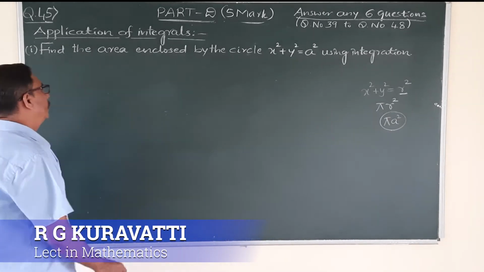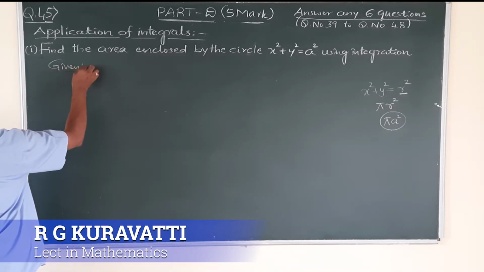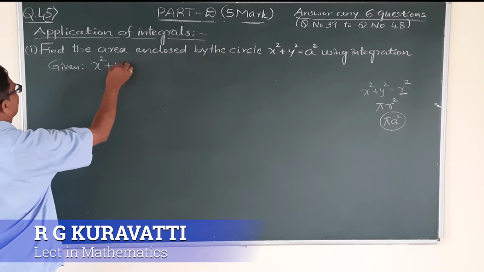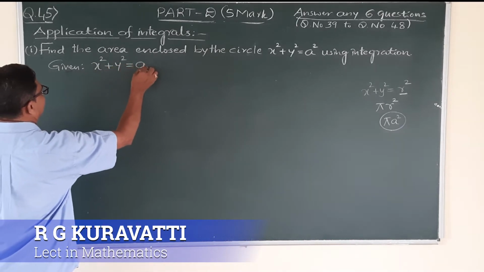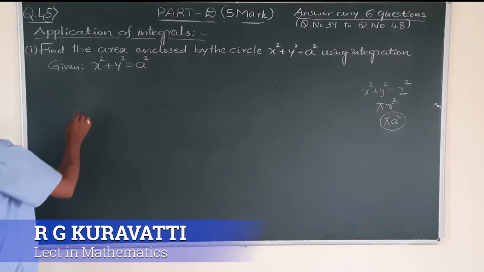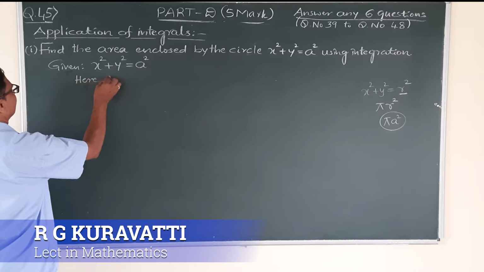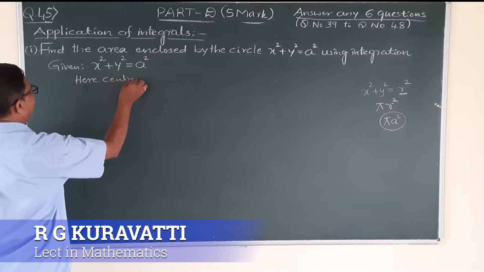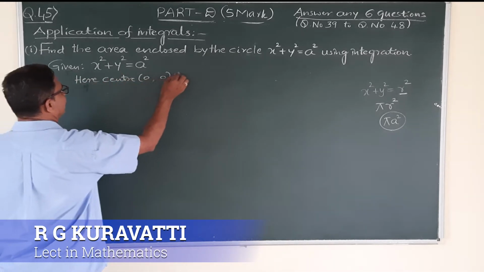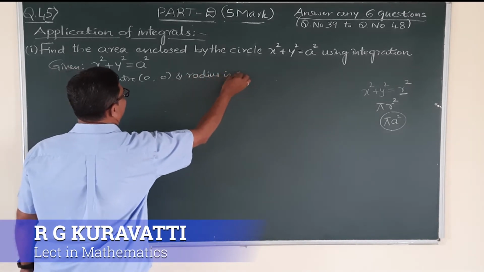Okay, how to solve? Look here, given data x square plus y square is equal to a square. Clearly, that equation represents the equation of a circle with center at origin and radius a.